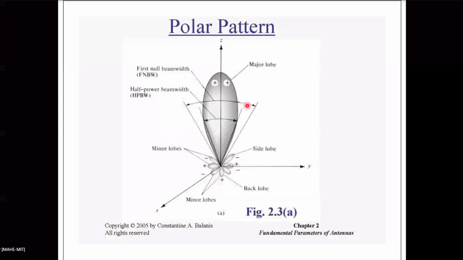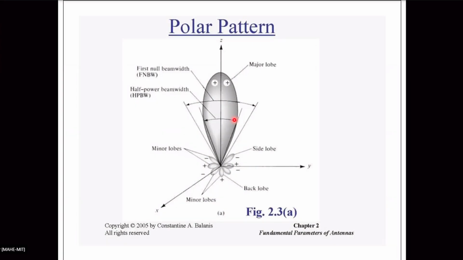So half power beamwidth. What is half power beamwidth? It is the range where the radiated power P_rad is greater than or equal to half the P_max.